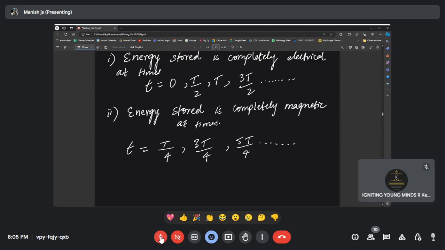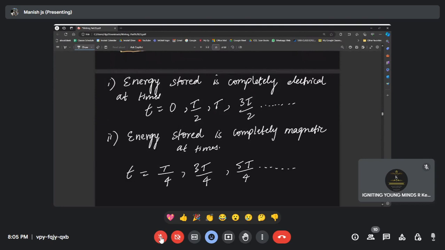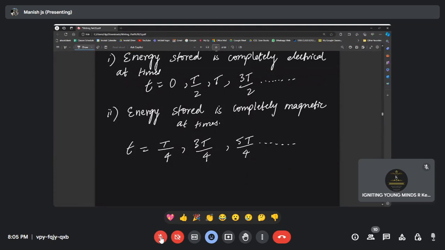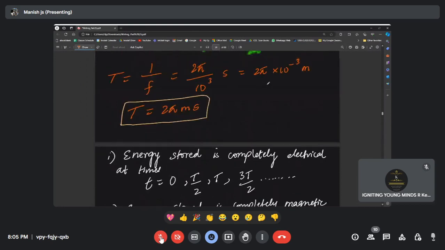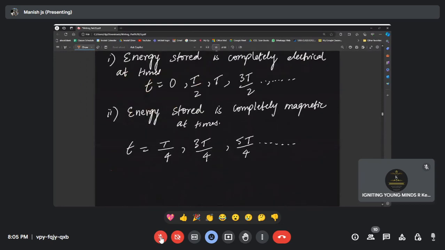Having these two pieces of information in mind, now we have the time period with us. We go for a substitution. What will be the first corresponding value when you substitute? Because you have the time period, let me just scroll up. We have found the general time period as 2 pi milliseconds. Having that in mind, we substitute. So first it is T by 2, right?